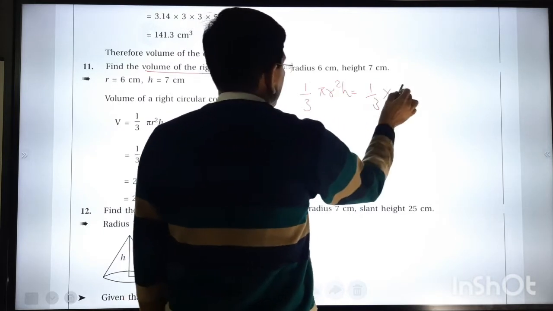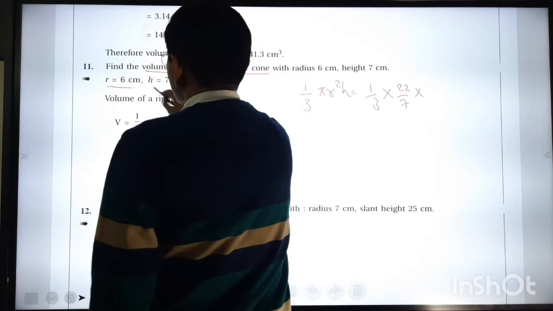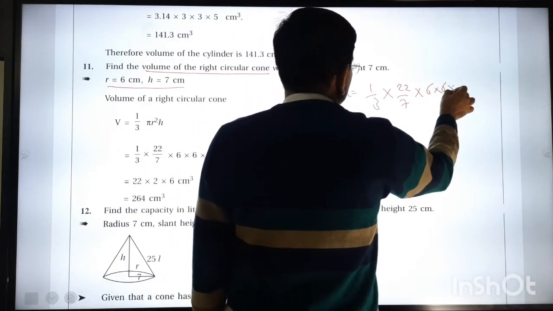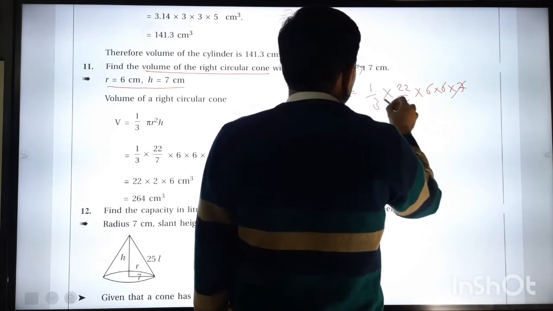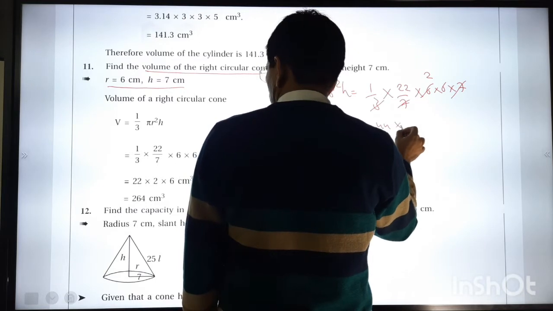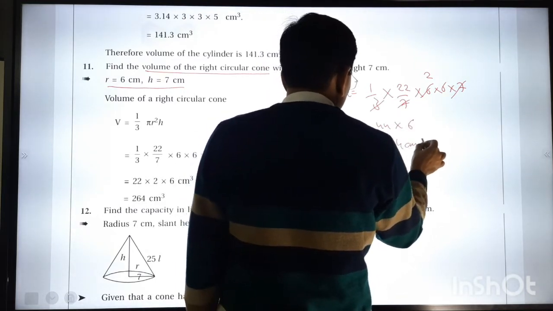Now the pi value is 22 by 7. Write what is given. 6 into 6 into 7, 7 cut, 3 2s are, so 44 into 6, that is 264 centimeter cube.